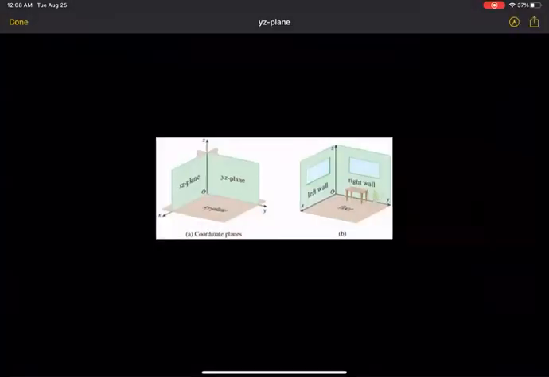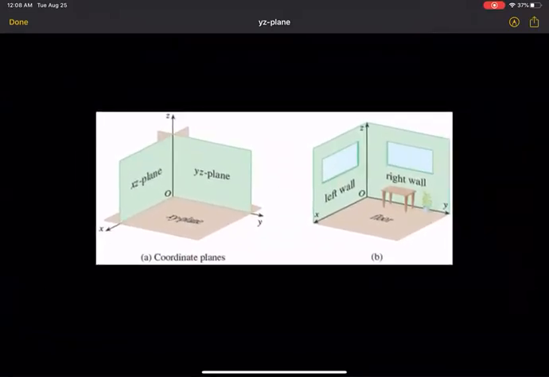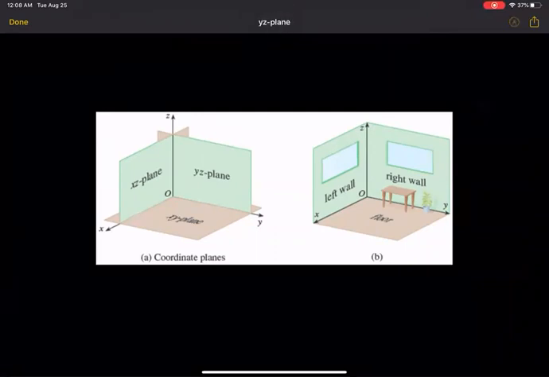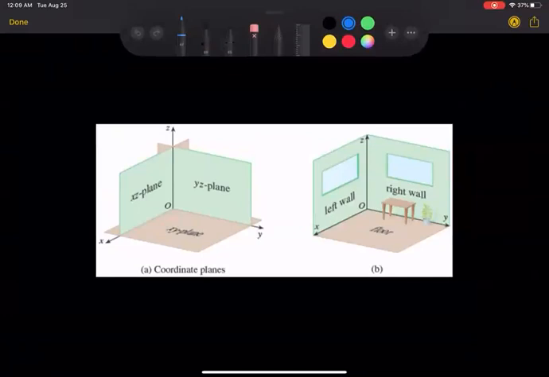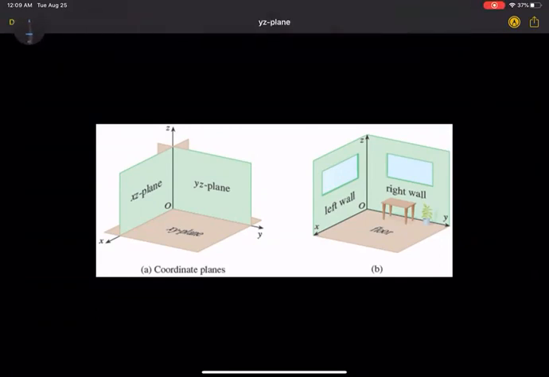Remember when we were drawing vertical lines in R2? Let's say I wanted to draw a vertical line going through the X coordinate 2.